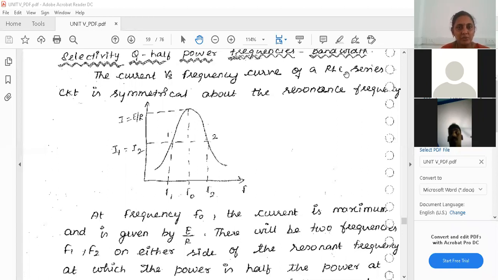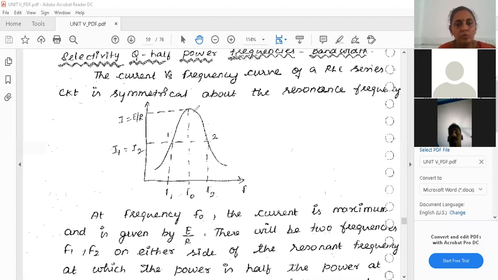What is bandwidth? Bandwidth is the upper frequency limit minus the lower frequency limit, F2 minus F1. Now let us draw a current versus frequency curve. The series resonance curve will be like this. That is what happens at F0, the resonance occurs.